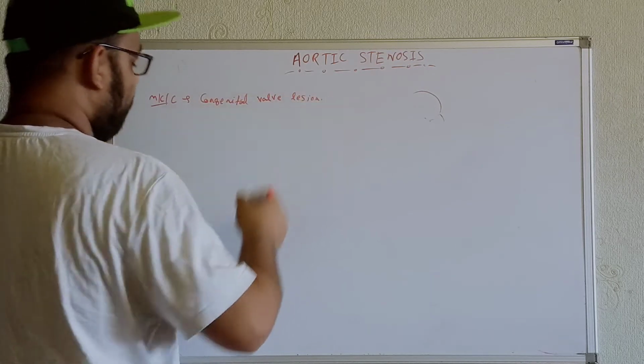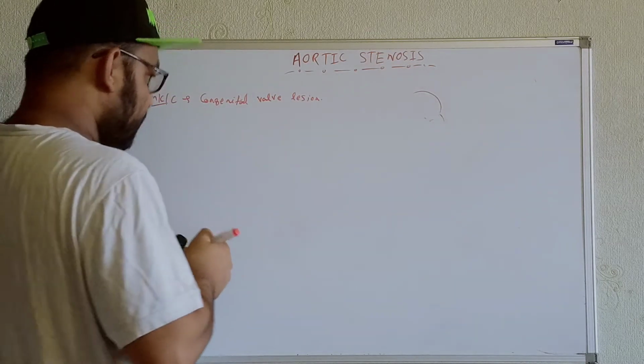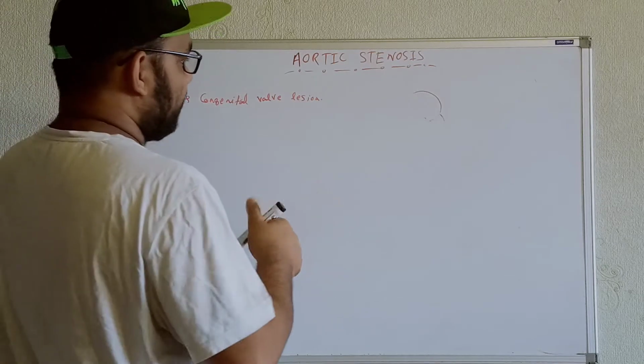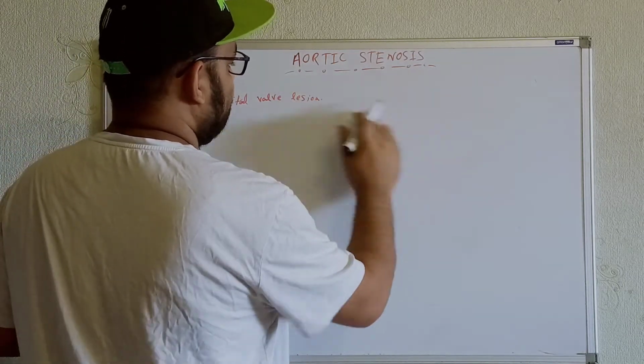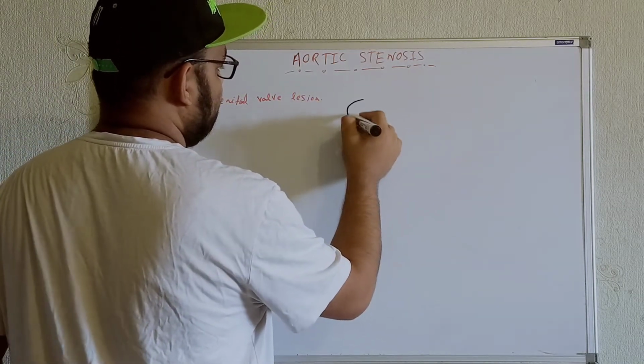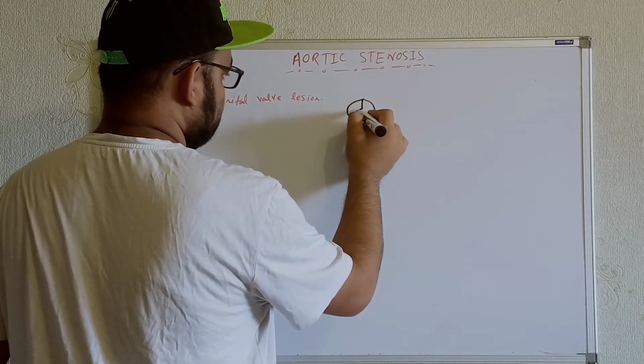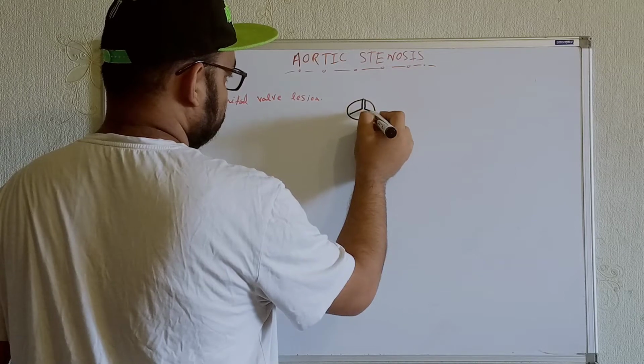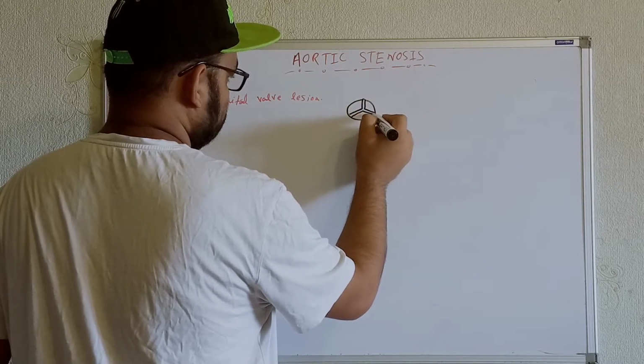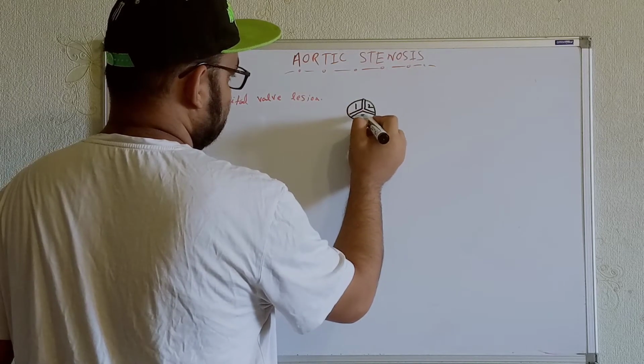Now see, for example, if I show you with a different color, this is the normal aortic valve over here, with leaflets 1, 2, and 3.